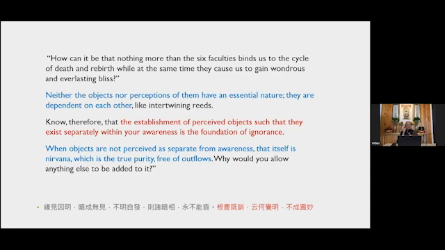So when we perceive objects, we think that they are separate things from our awareness mind. That is the fundamental ignorance. So when objects are not perceived as separate from awareness, that itself is nirvana, which is the true purity, free of outflow.